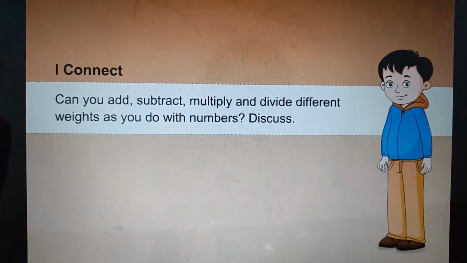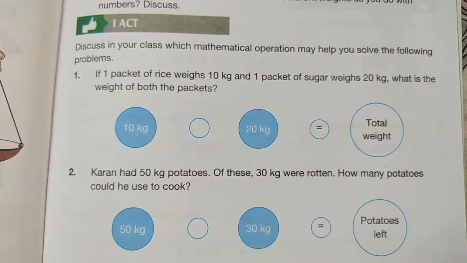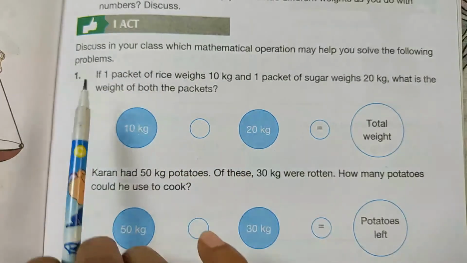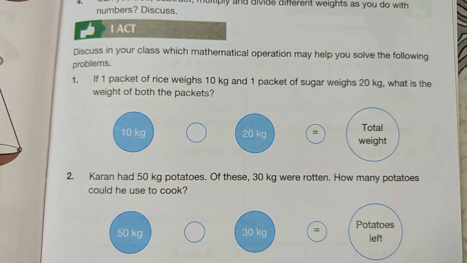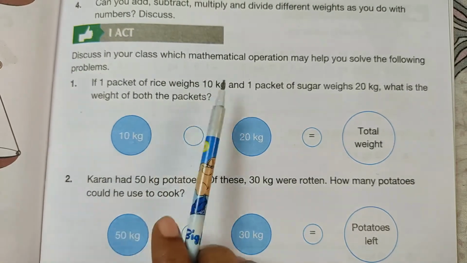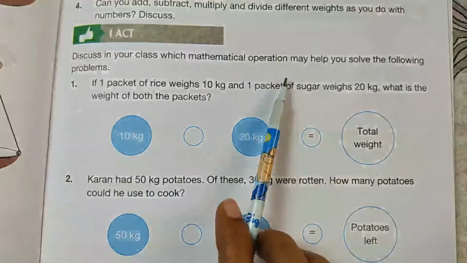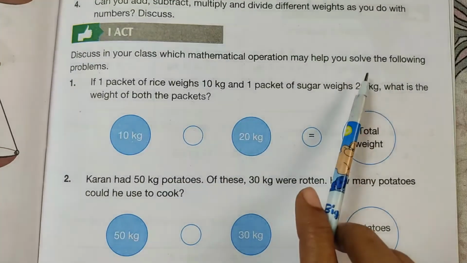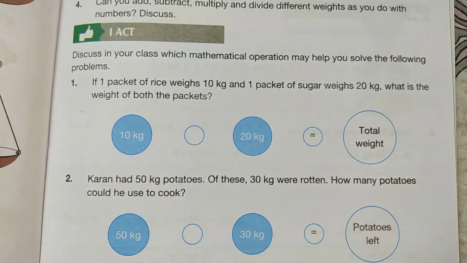Let's see how. Open page number 85. Now see here, we have to see which mathematical operation may help you to solve the following problems.